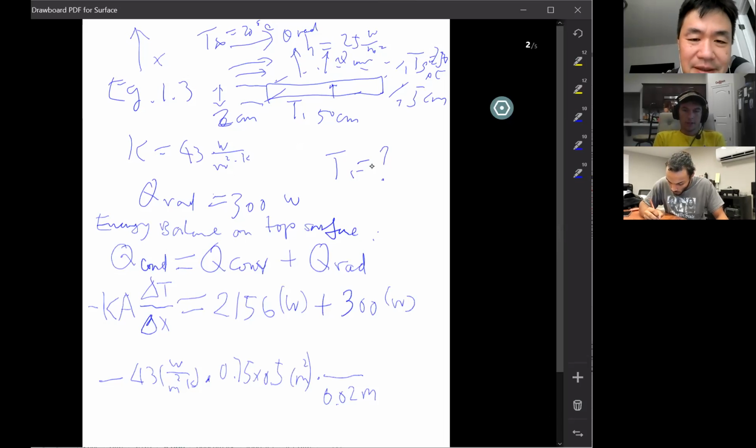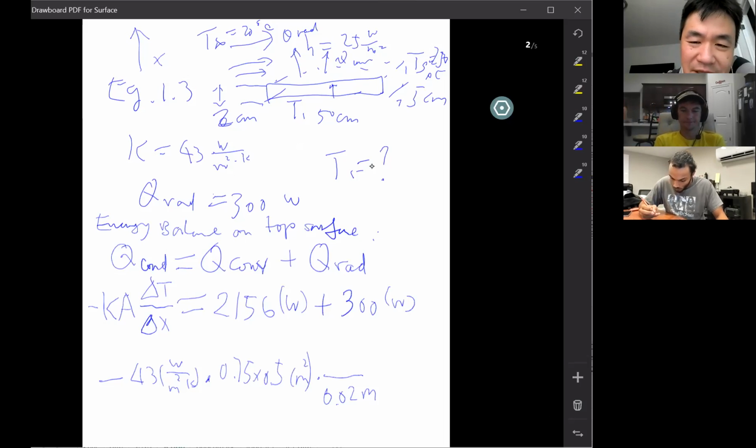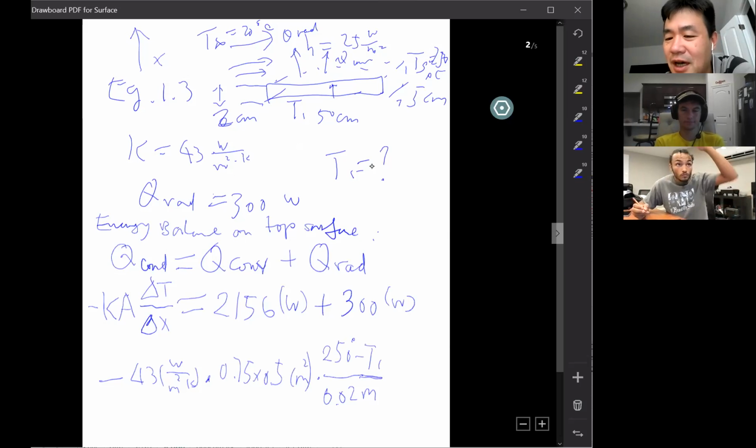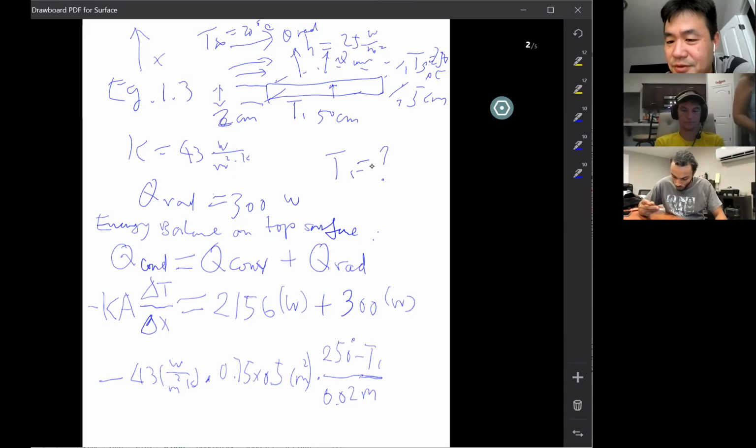Delta T will be T surface minus T1. Be careful with the order. Downstream temperature minus upstream temperature. Okay, downstream minus upstream, because there's a negative sign here.